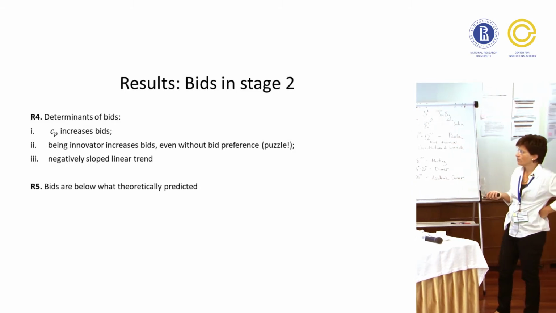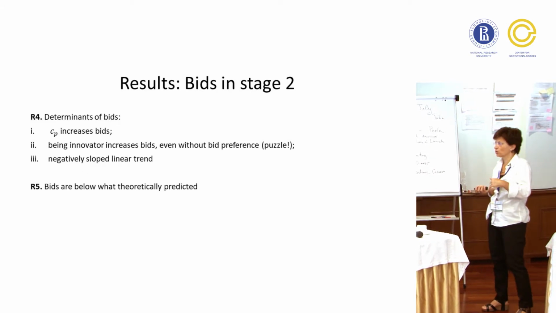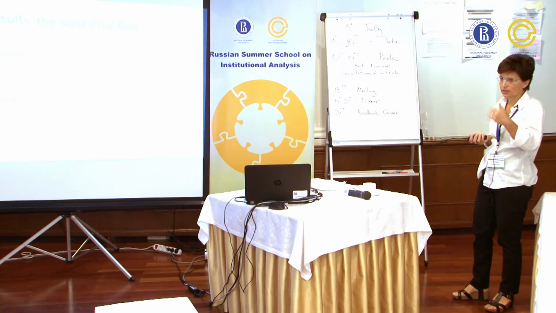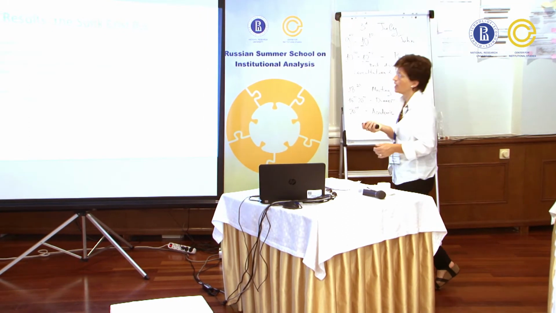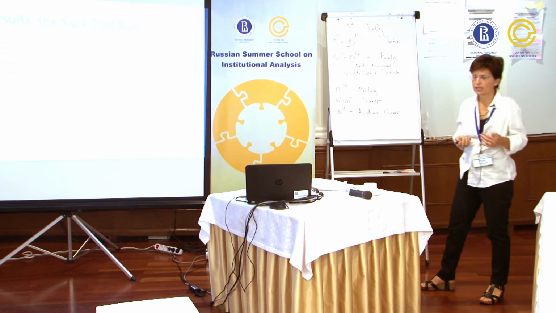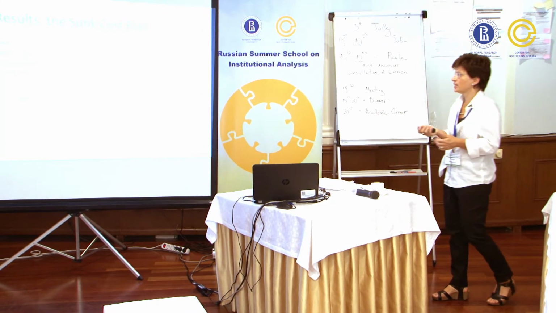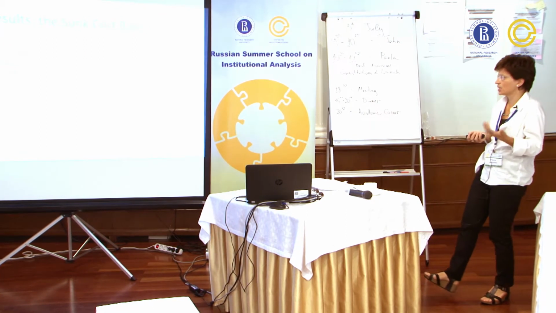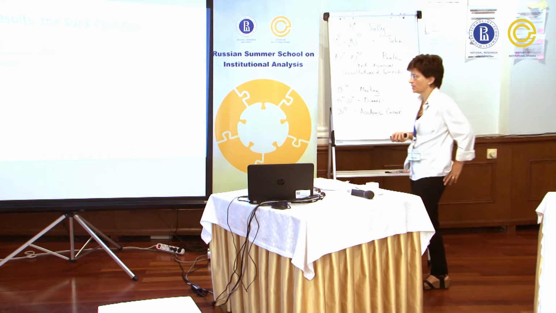And moreover, what is puzzling is that every time you are the innovator, you will record higher bids, and this happens even if there is no bid preference, and the procurer welfare is lower than what we predicted with the theory.